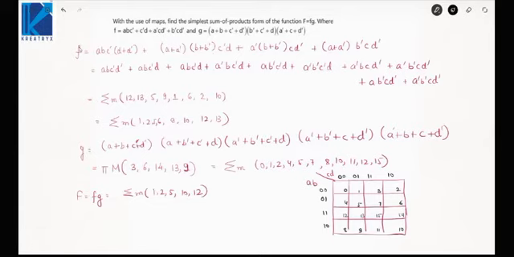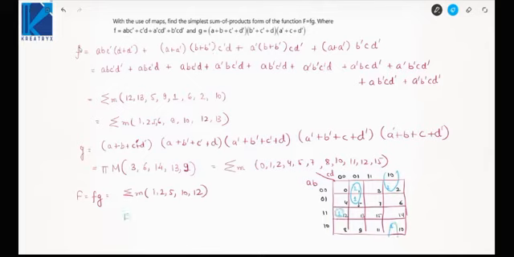Okay. So 1, 2, 5, 10 and 12. So how will be the grouping? These two can be clubbed, these two can be clubbed and this will be single.